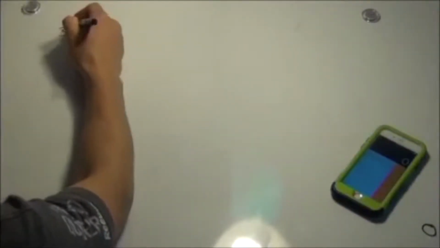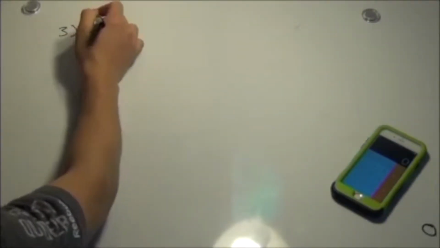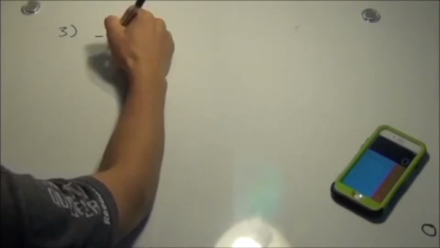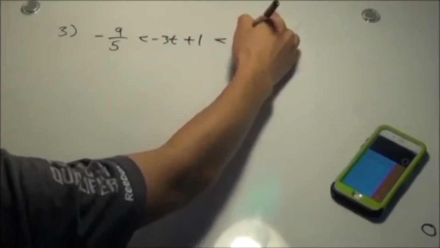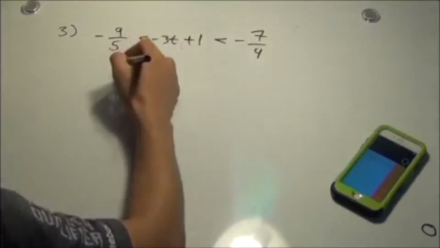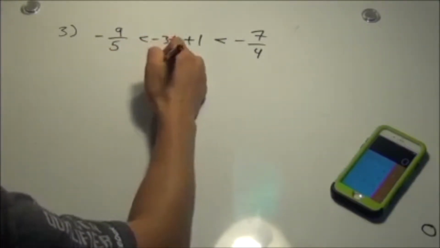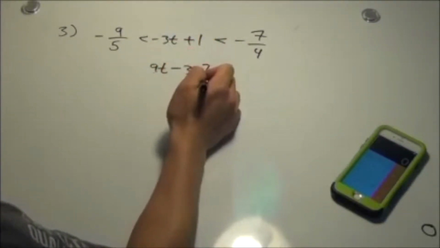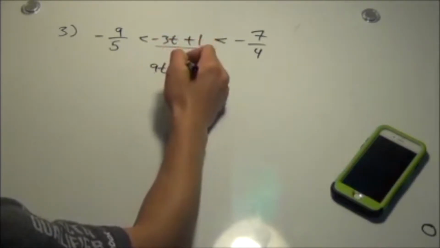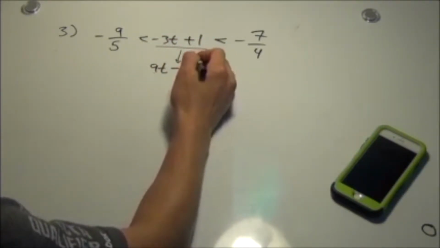Number 3 is an inequality problem. We have this inequality and we want to say what is a possible value of 9t minus 3. Notice here that 9t minus 3 is simply this multiplied by negative 3.